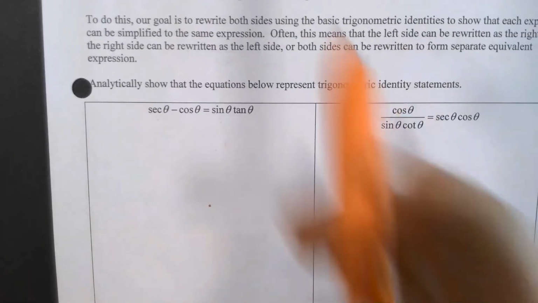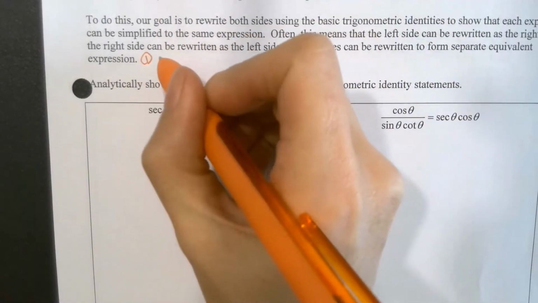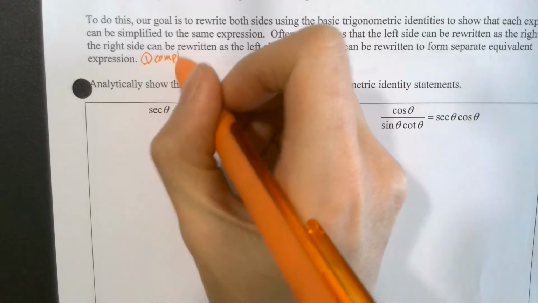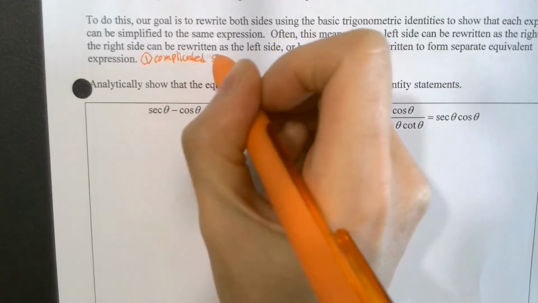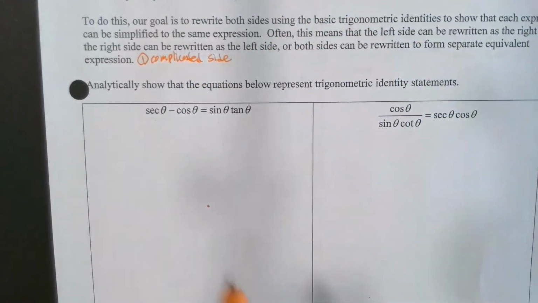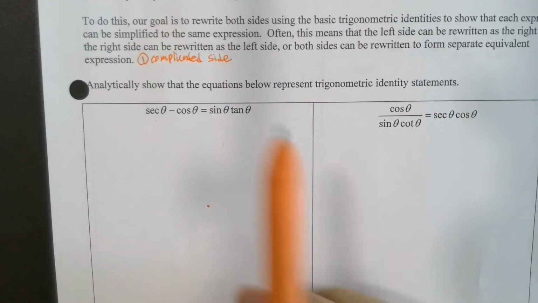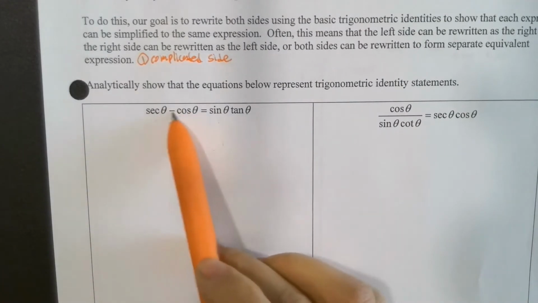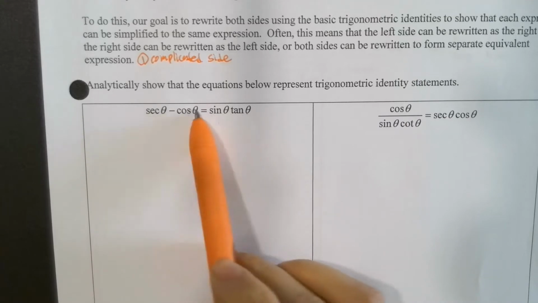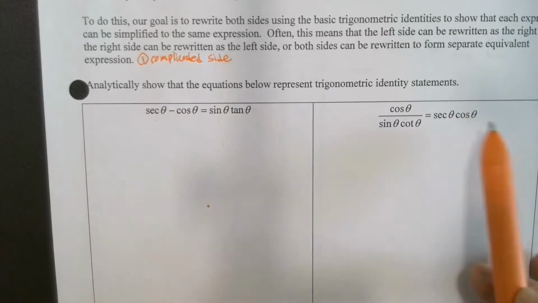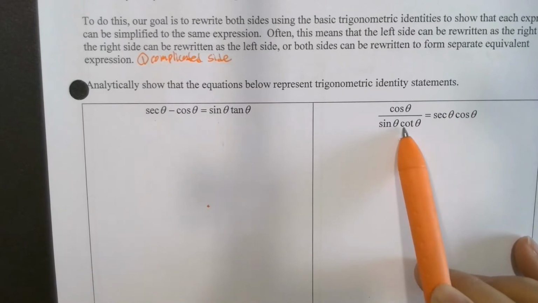In order for us to do that, a few things to keep in mind. Number 1, always start with the complicated side. What do you mean by that? The more terms there are, the more complicated something looks. For example, over here there are 2 terms on the left side, so I'll probably start from the left side on that problem. Look over here, I'll probably start from the left side as well.